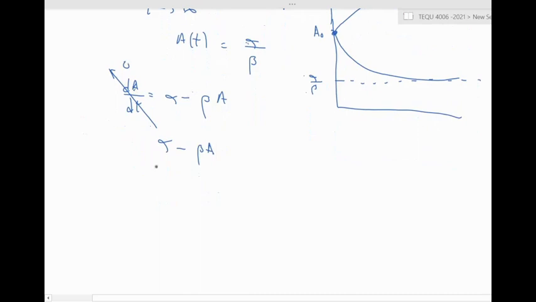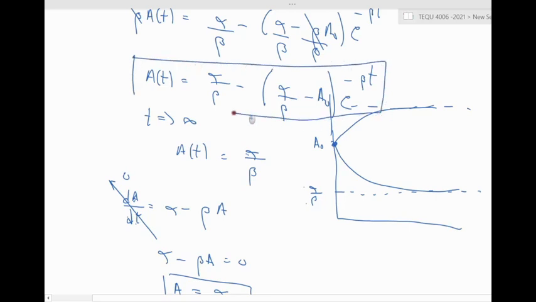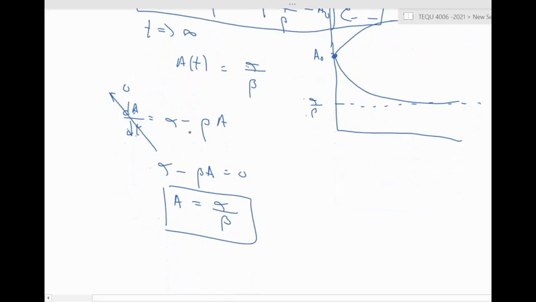Now solve for A, meaning this is equal to zero, meaning that A is equal to alpha over beta as well. And this is from the differential equation, not through the analytical solution. This is the analytical solution that you take, and when t is infinity, that would be alpha over beta.